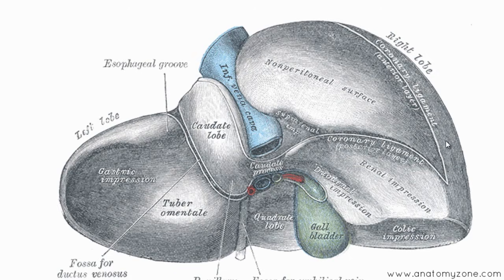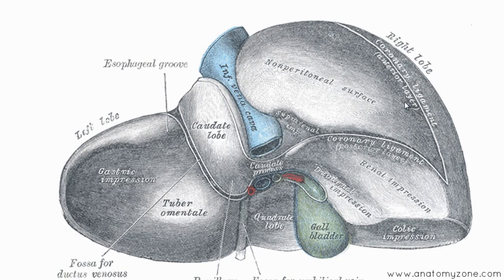The right triangular ligament is formed in this lower extremity of the bare area of the liver, where these two layers of the coronary ligaments fuse, and this right triangular ligament passes to the diaphragm. So the peritoneum covers the whole liver except for this area which I'm showing you at the back of the liver, called the bare area.